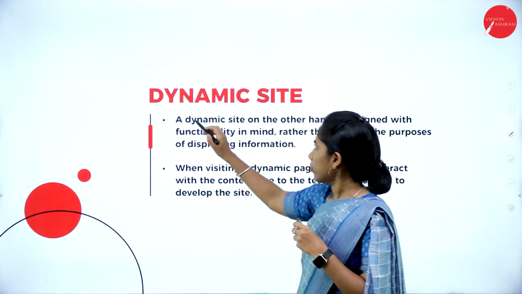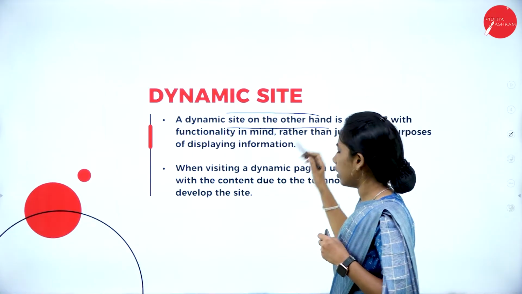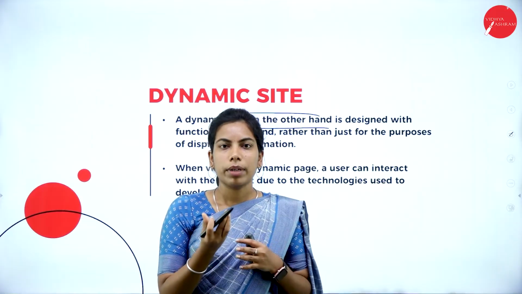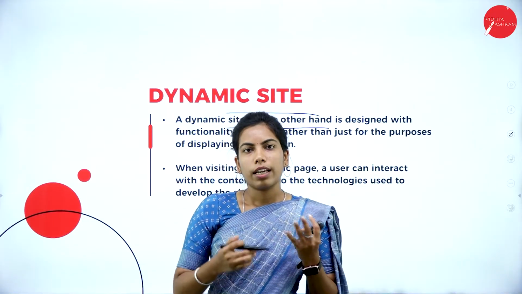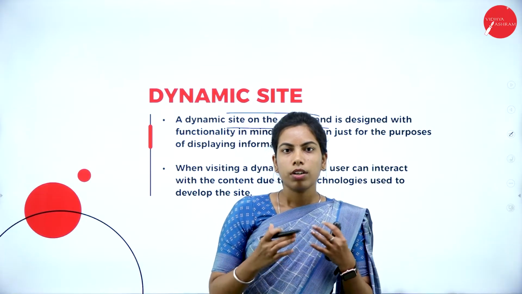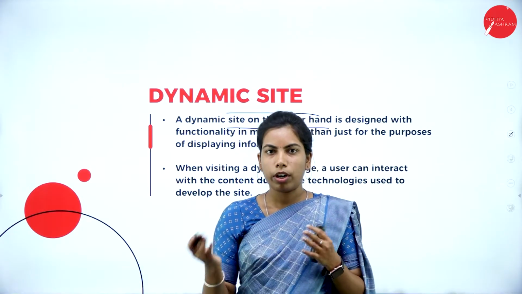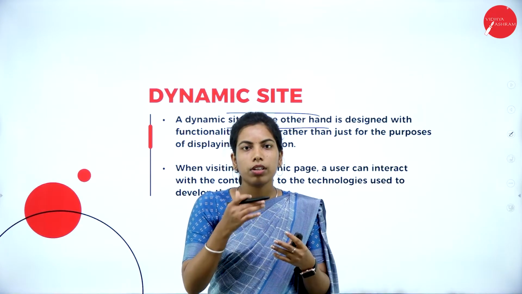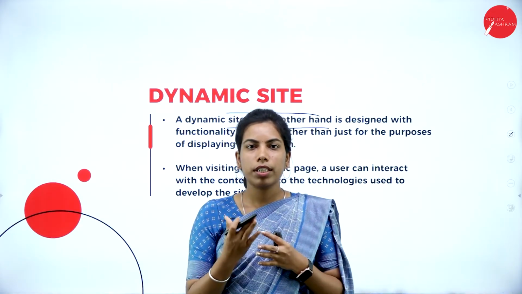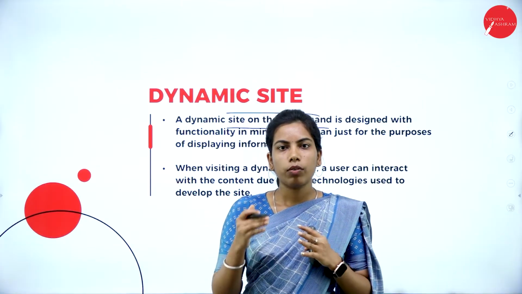And coming to the dynamic site. The name itself says it. For example, consider a person who is dynamic in nature, we can say, right? Dynamic in nature means he will change according to the environment. He will be a customer in a shop or he will be a son in a house. Like that he plays different dynamic roles. That is what a dynamic site means. It has more features on a website.